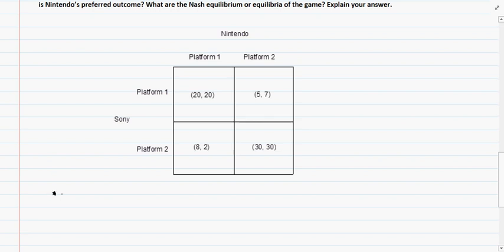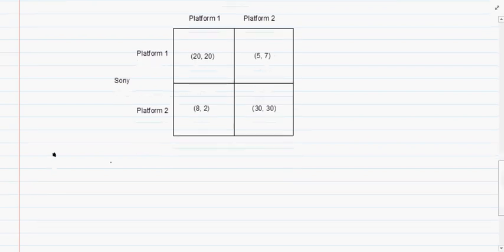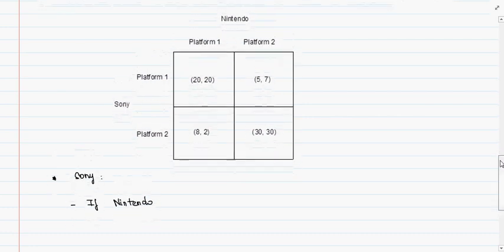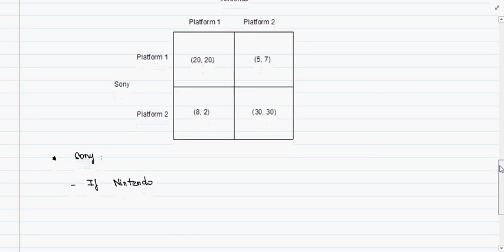I am going to do Sony first. We try to find the optimal strategy for Sony given the strategies chosen by Nintendo. So we ask ourselves, if Nintendo is going to choose platform 1, what is the optimal strategy for Sony?